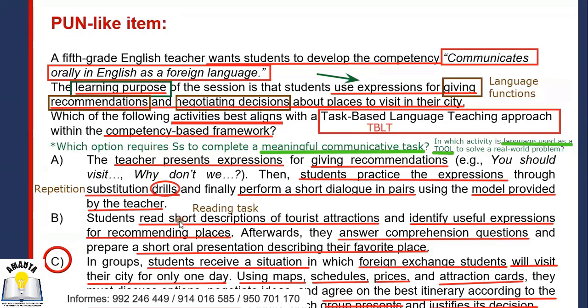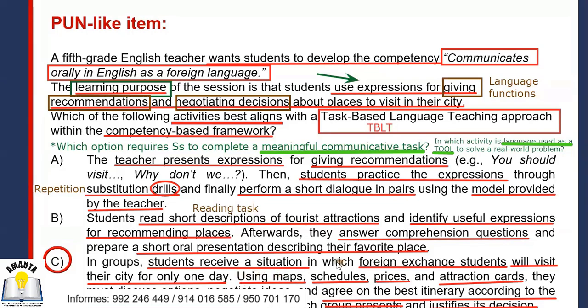Students don't solve a communicative problem in pairs or in groups collaboratively. They do the task isolated, alone. There's no interaction, okay? But here they interact.